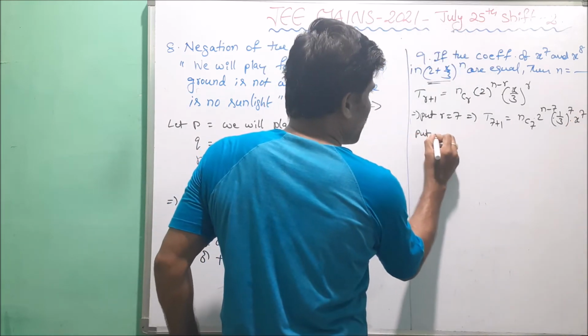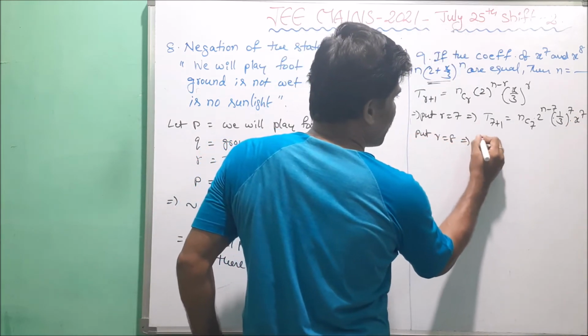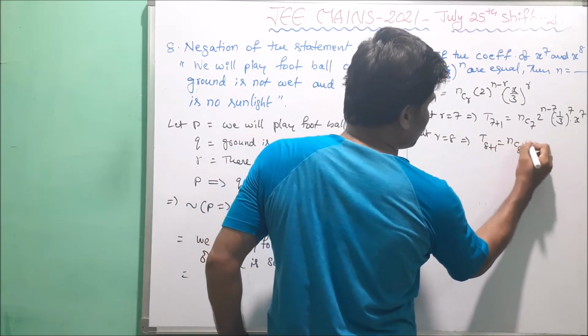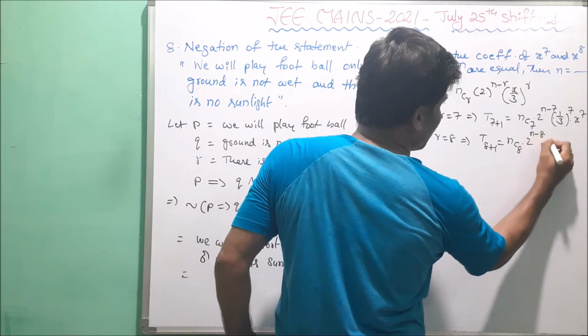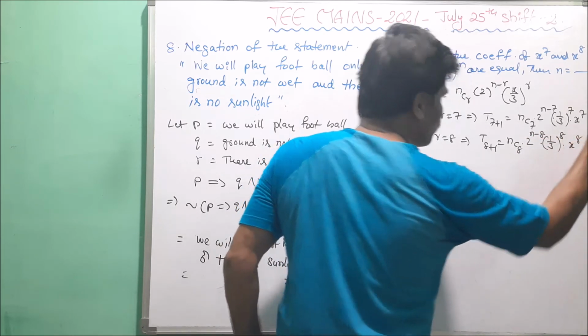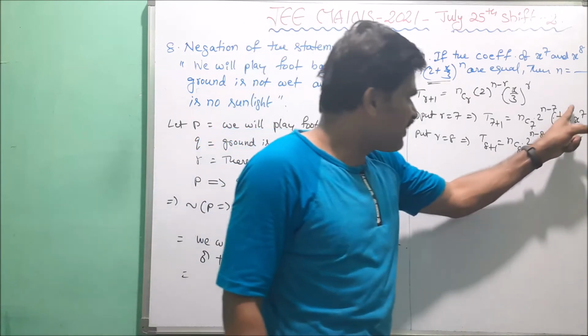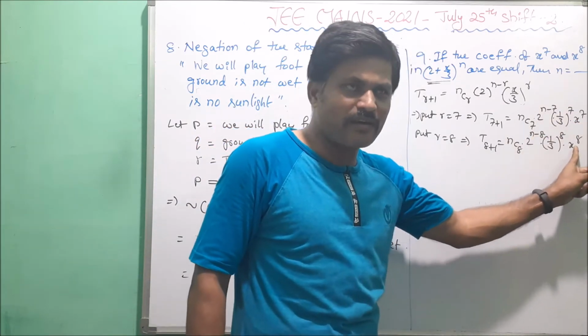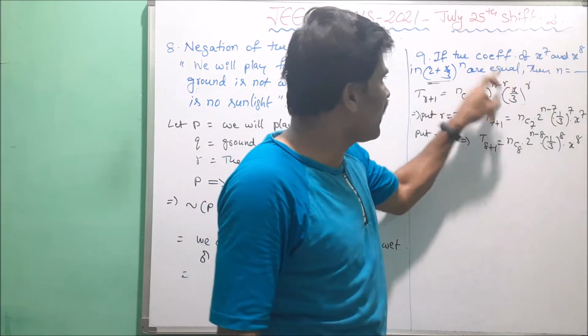Similarly, we take r equal to 8, we write t 8 plus 1, that is nC8 2 power n minus 8 into 1 by 3 power 8 into x power 8. Now we observe, this is the coefficient of x power 7, this is the coefficient of x power 8. Now these two are equal.